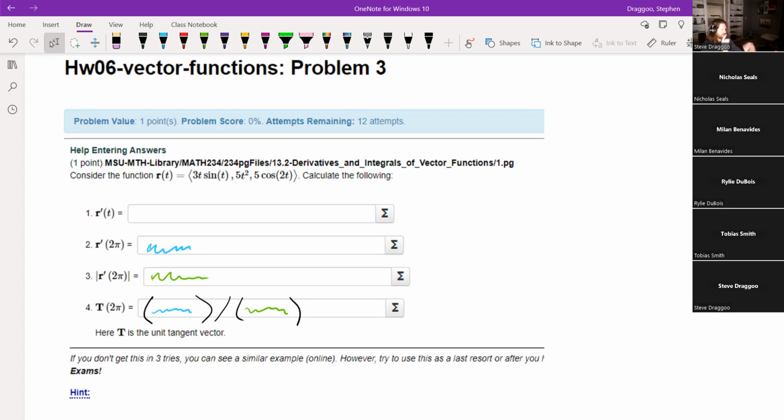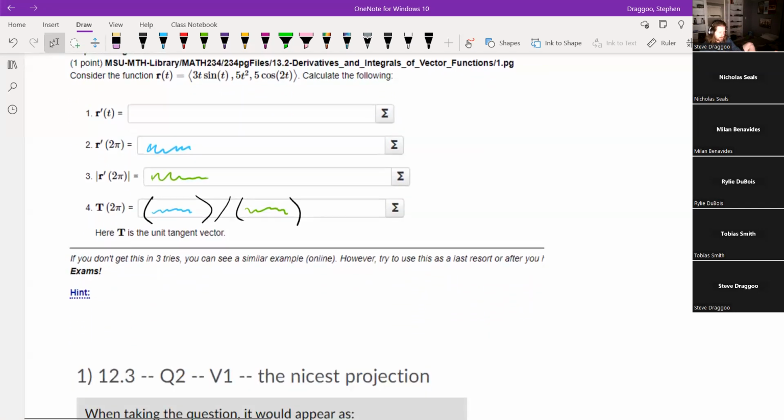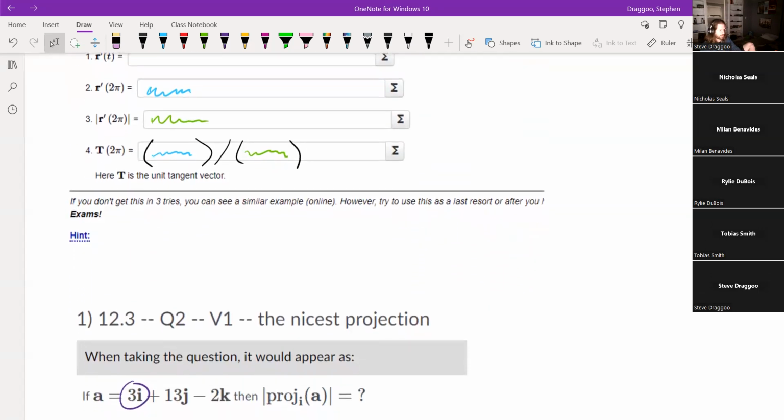So get the magnitude of the vector with 2 pi plugged in. If I want the unit tangent vector, I take any tangent vector and divide by its magnitude. That gives me a unit tangent vector. So blue box divided by the green box. That's all I really wanted to say about that one, conceptually speaking.